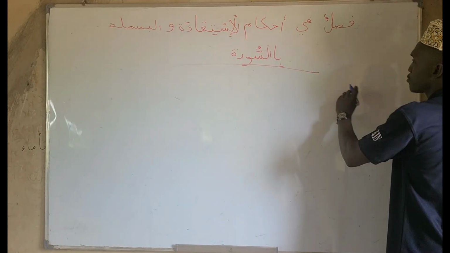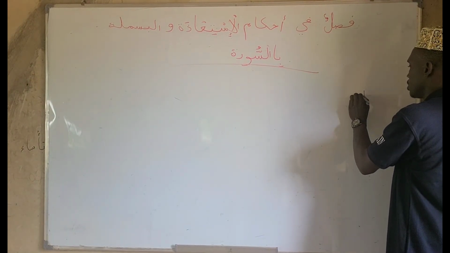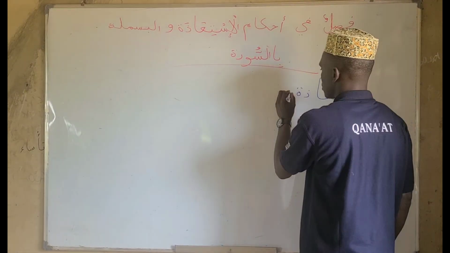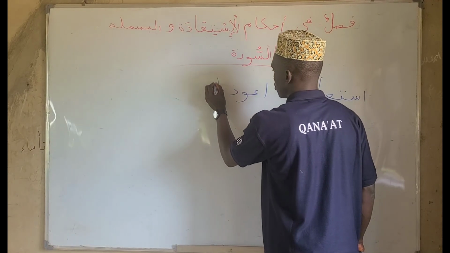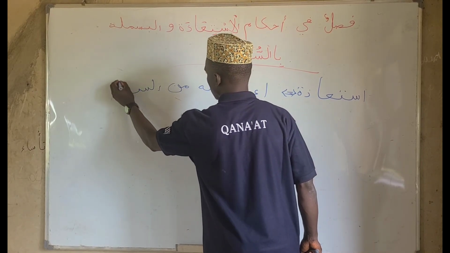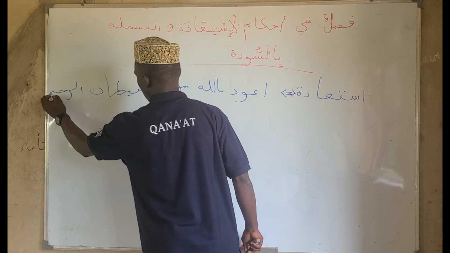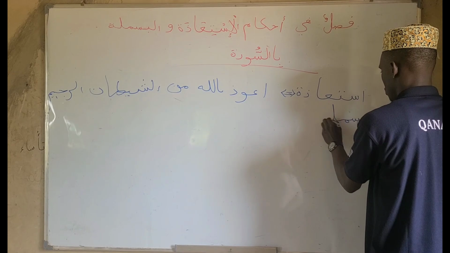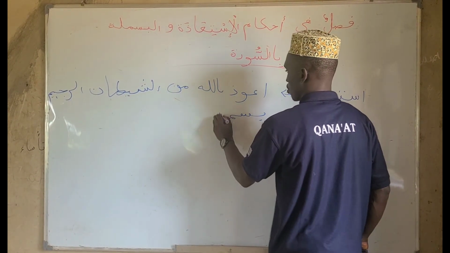To start with, we have to know that Isti'ādhah means أعوذ بالله من الشيطان الرجيم. Basmalah means Bismillahir Rahmanir Rahim.